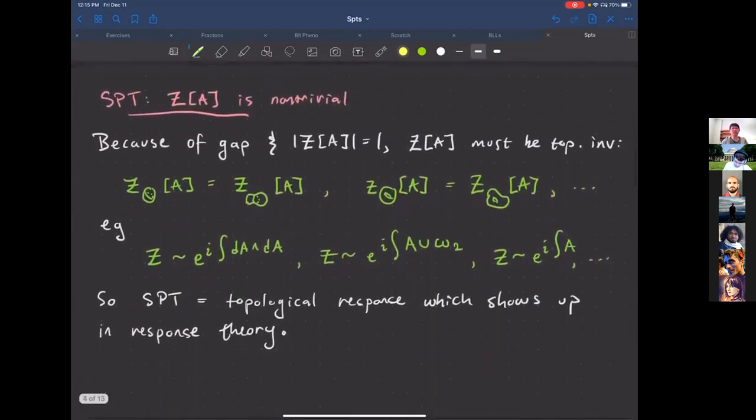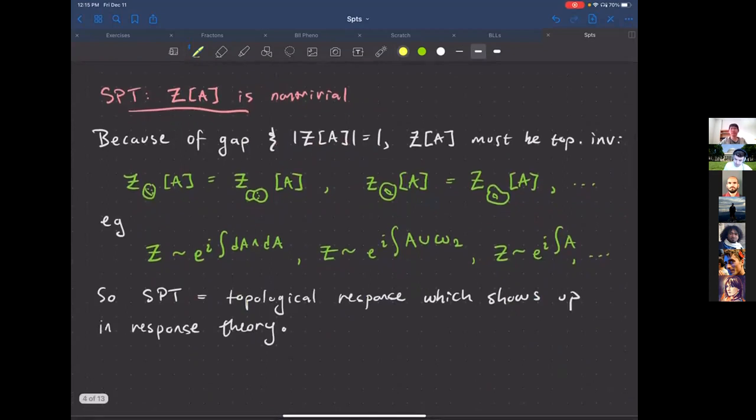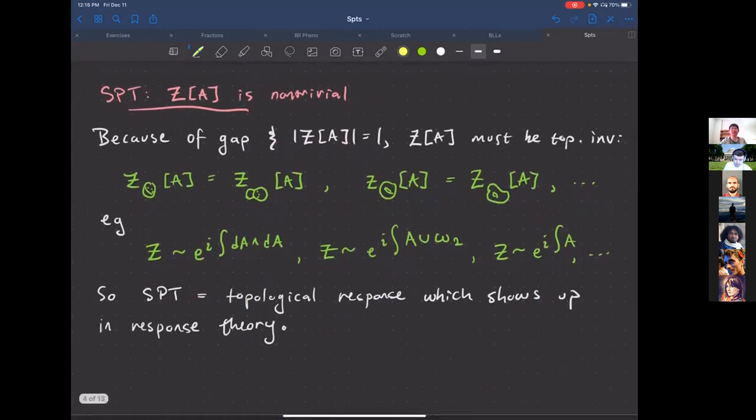Okay, so here's a claim that I think is reasonable sounding, but maybe people have some different opinions that we can go into more detail about. We're considering a system with an energy gap, right? And we're considering a system where the partition function is just a complex phase, right?